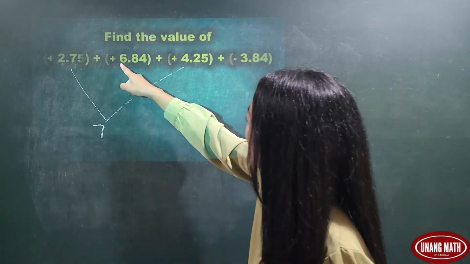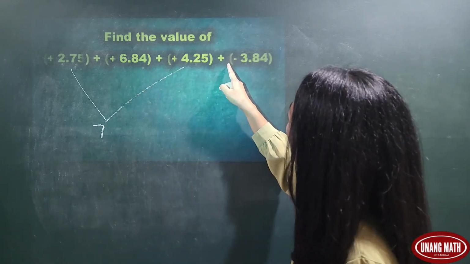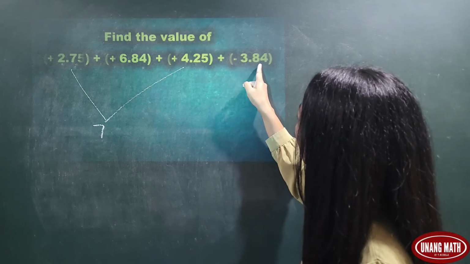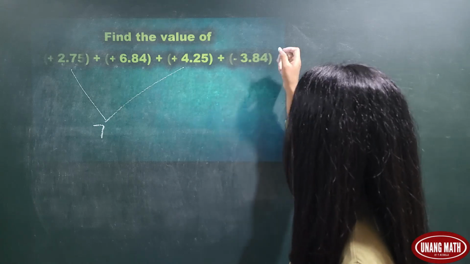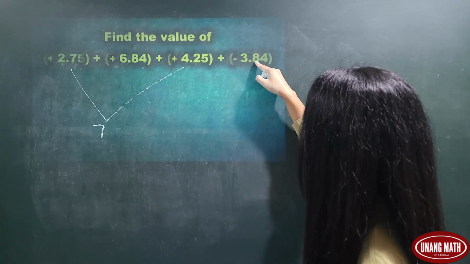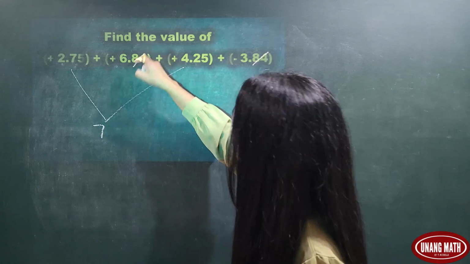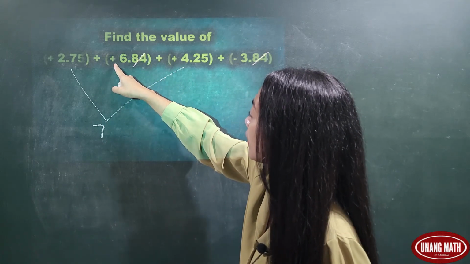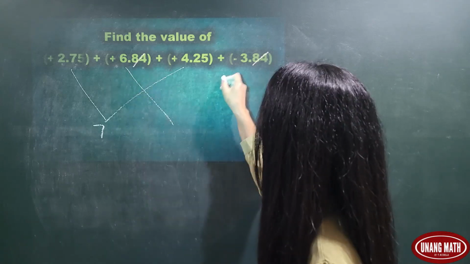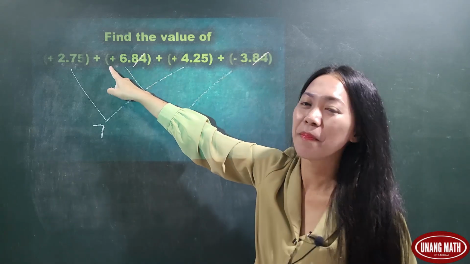Next, positive 6.84 plus negative 3.84. This is a positive number, this is a negative number. If we take a look at this one, we can cancel 0.84. Since the higher number's sign is positive, our answer must be positive.